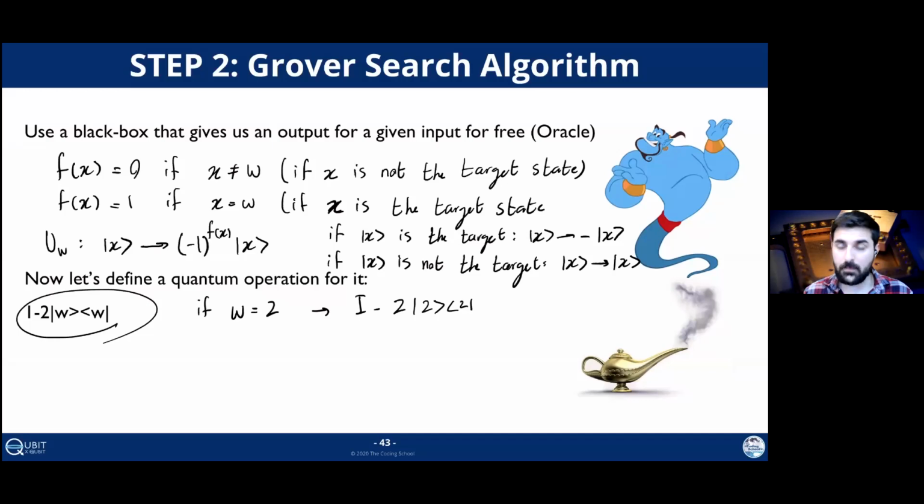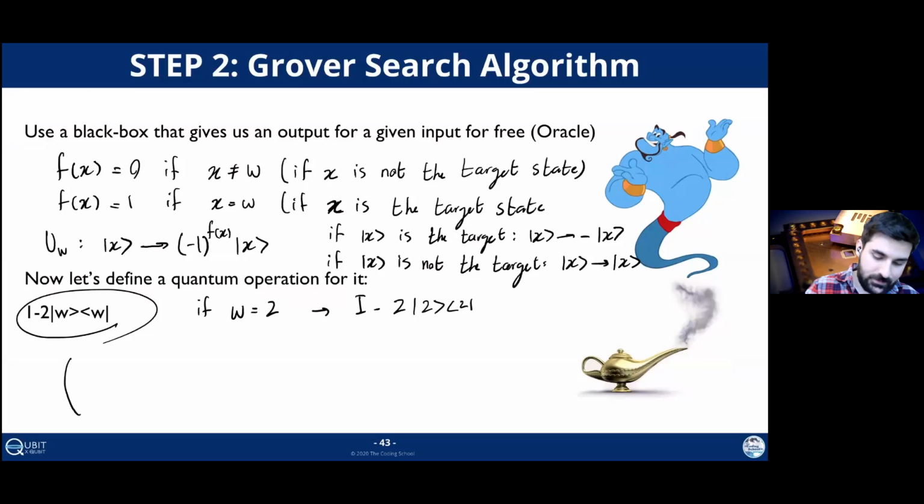Okay, so let me write the matrix form for this. In this case, we're searching over 4 elements, which means that we're going to have a 4x4 matrix. And now you can see why I like the outer product better, because as we add an extra qubit, the system size gets twice as large and our matrices just get larger and larger.